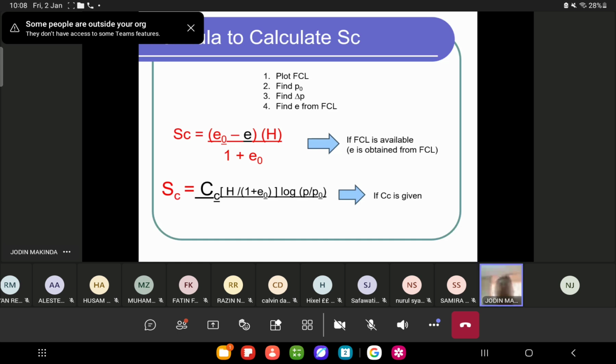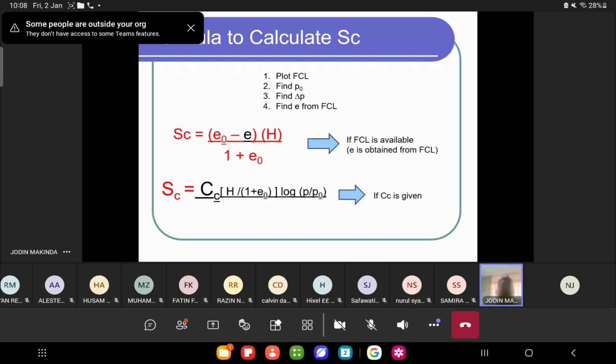In part 2, you have to determine the total settlement using the FCL. And now we are solving problems related to rate of settlement.